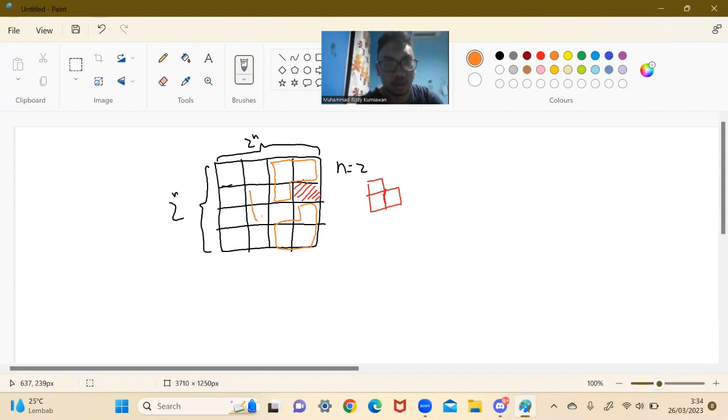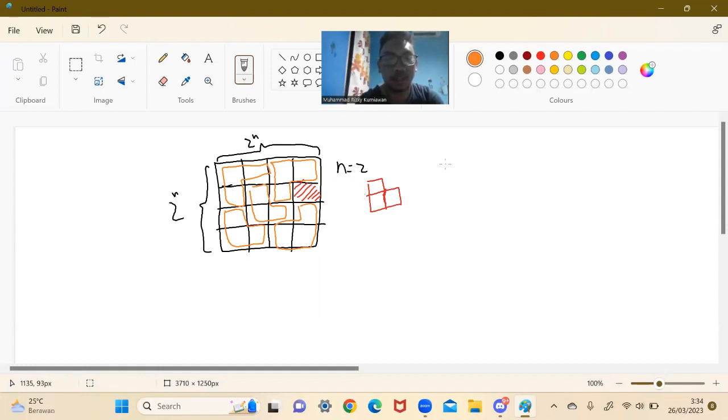Then here. Oh, look, we can actually cover it. So for this particular shape and this particular placement of the hole, we can cover the entire grid with only L shapes.